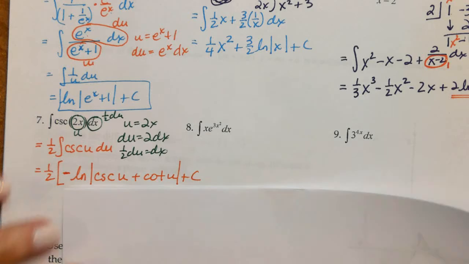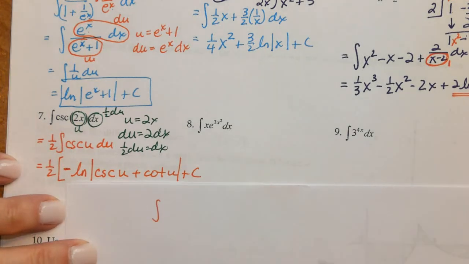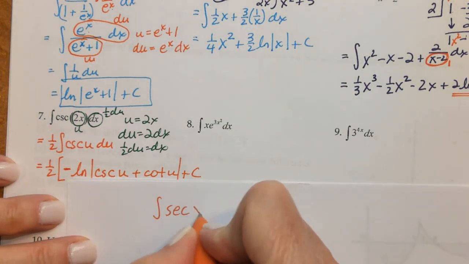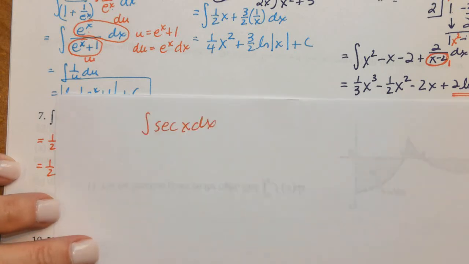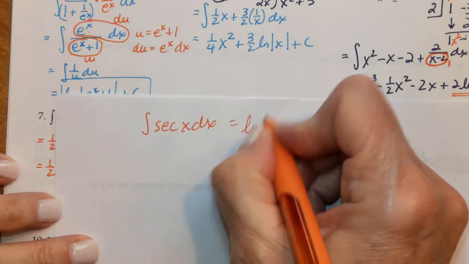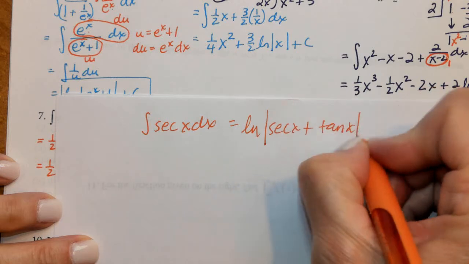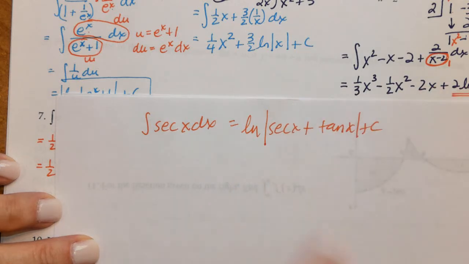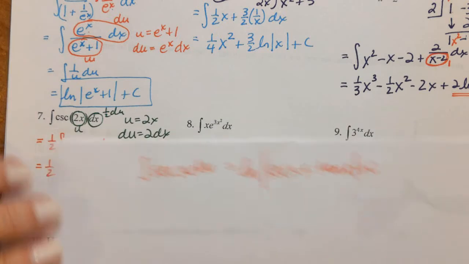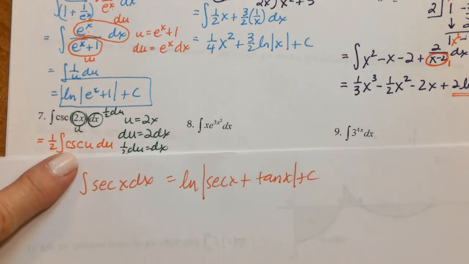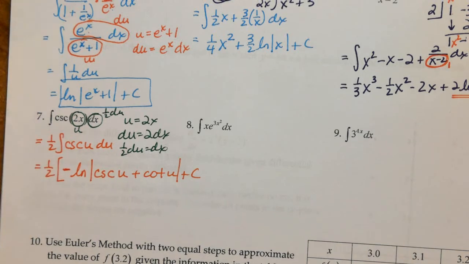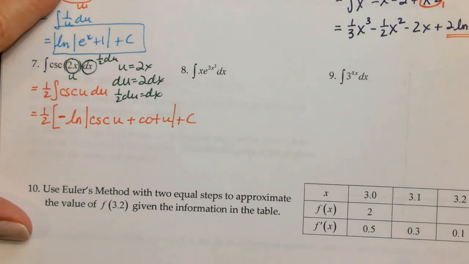What I remember is the antiderivative of secant x. That's the one I remember. And I know that's natural log, absolute value, secant x plus tangent x plus c. So I remember that one, and then I quickly in my head can convert it to cosecant x, or u. But I do expect you to know that.